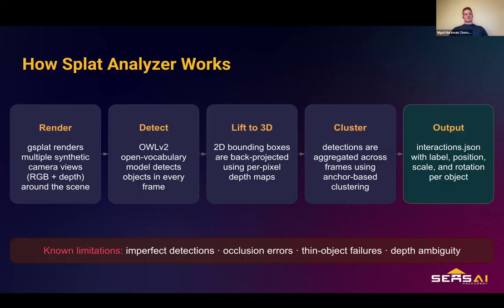So in each image, we search for 2D detections using traditional methods like, for example, OWL as a model, which is a zero-shot model, which means you don't need to train it for detecting a specific type of object, but you just give it different class names like, I want to detect plants, books, monitors, etc., and it can detect all of them because it was trained on a really big data set.